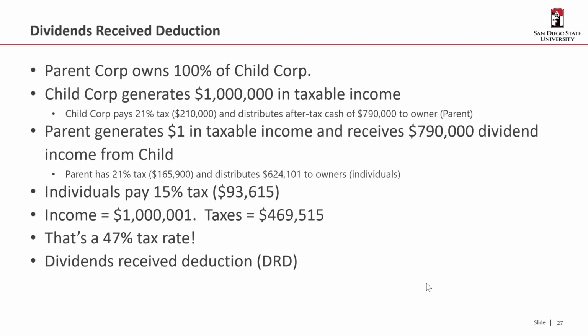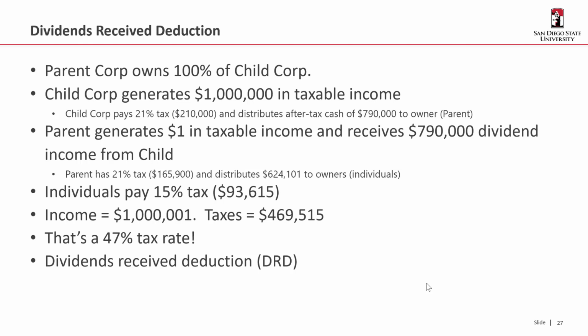But recall that the parent is going to get that $790,000 dividend and pay 21% tax on it. Then on top of that, the individual that then receives the distribution from that parent corporation is going to pay 15 or maybe 20% tax on it. So what happens is on income of about $1 million, you end up with a 47% tax rate.